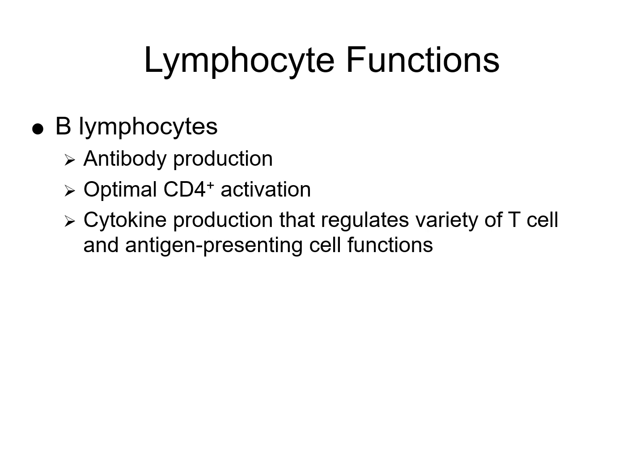This interaction is crucial for efficient immune responses, as the CD4 T cells help orchestrate both humoral and cellular immunity. Cytokine production as well. So the B lymphocytes produce cytokines that help regulate the functions of various T cell subsets, antigen-presenting cells like dendritic cells, and macrophages. These cytokines modulate immune responses, influencing inflammation, cell proliferation, and differentiation.